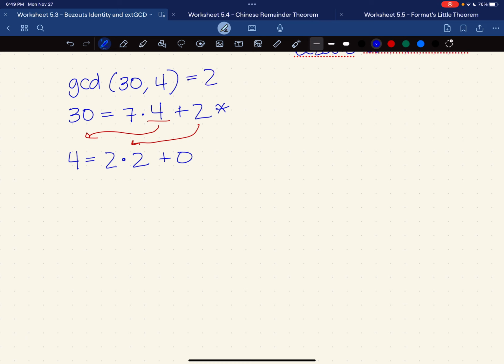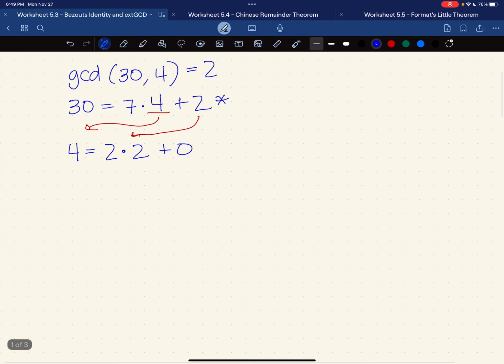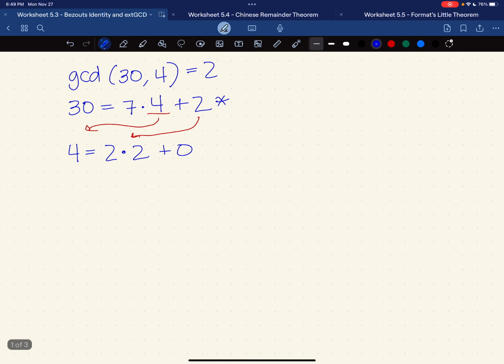Okay, this is maybe too simple of one. I need to go one further. So maybe I'll do both. We'll also play with finding the Bezout's coefficients of something just one layer up from that so we can see how far back it goes.